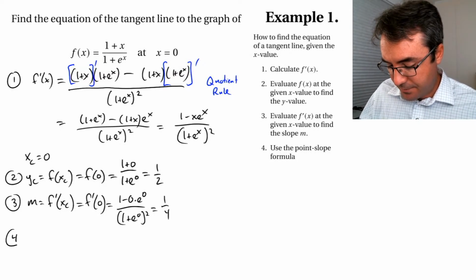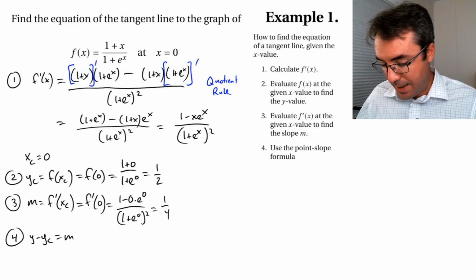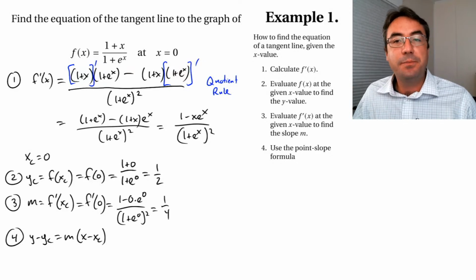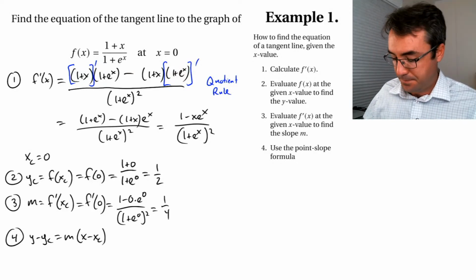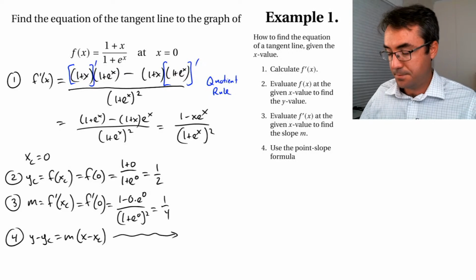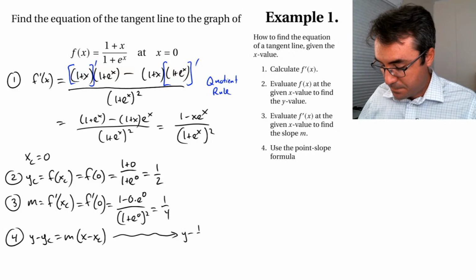And so finally, we use our point slope formula. Y minus our y-coordinate is equal to m times x minus our x-coordinate. And we just plug all the pieces into that to figure out the tangent line. So our y-coordinate is 1/2, our slope was 1/4, and our x-coordinate was 0.